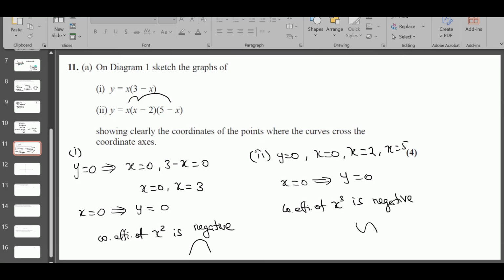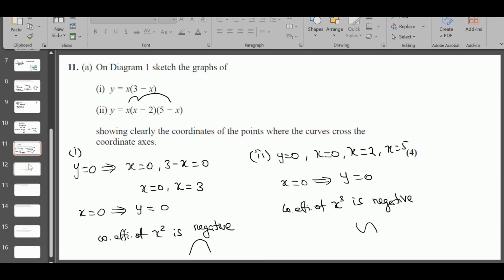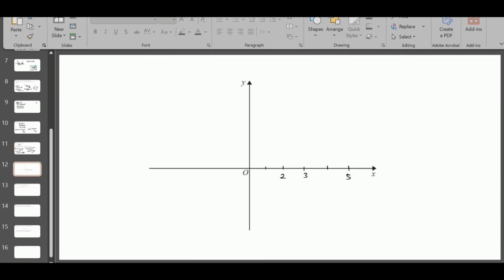Okay, let's sketch the parabola first. 0, 3, we need 2 and 5 also. So I'm gonna mark 1, 2 here, 3 here, 4, 5 here. The parabola passes through 0 and 3, upside down parabola. So I'm gonna draw upside down parabola. Label it always x times x minus 3.